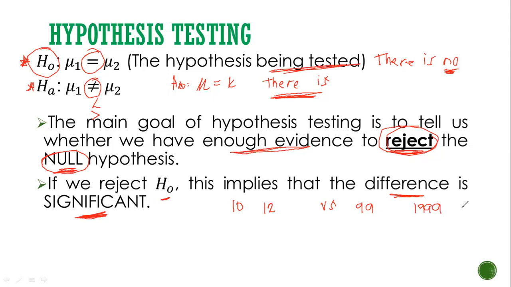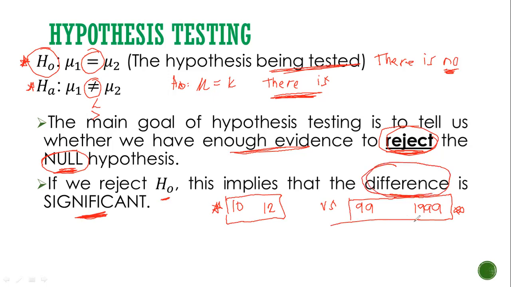Both pairs, there exists a difference. The question is, which among the two has a more significant difference? Obviously, the second. There is a difference in the first, but it is not significant compared to 99 and 1999. So that's your significant difference.